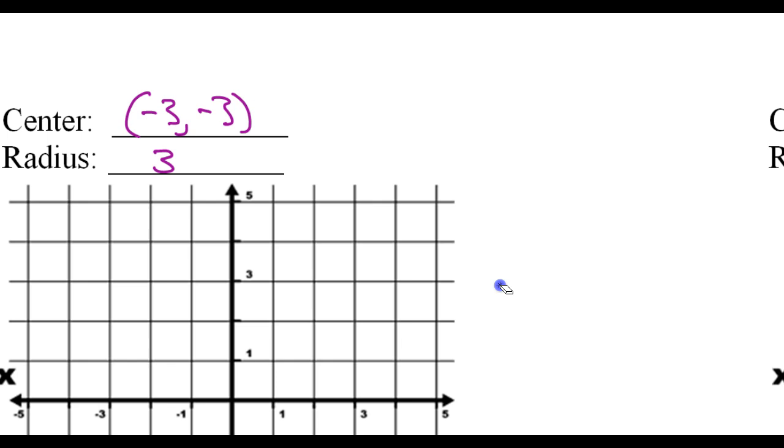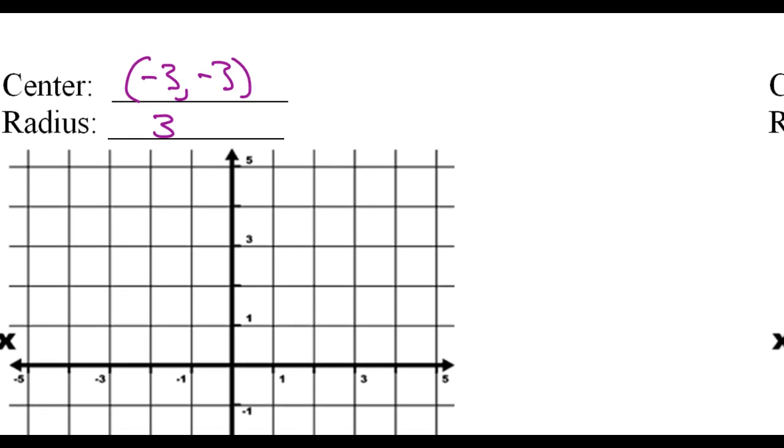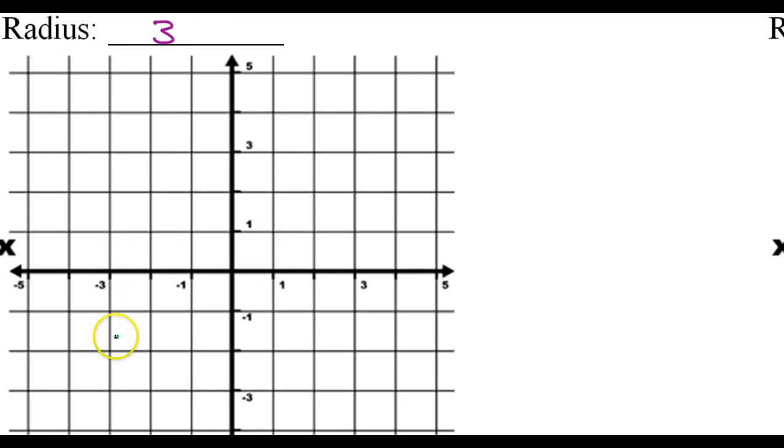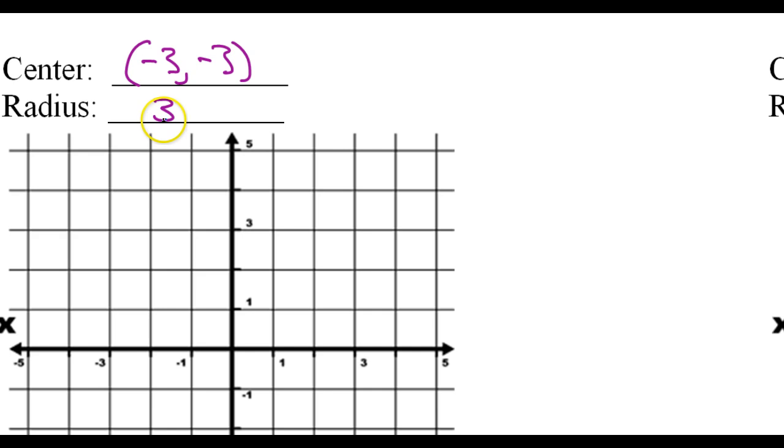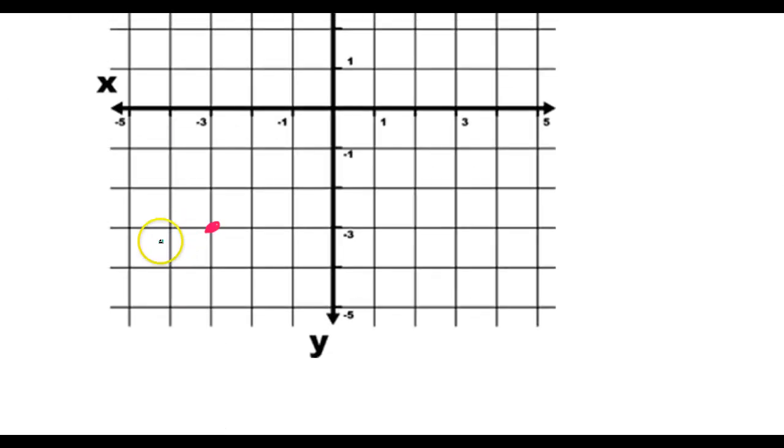Now we will graph it. We have to start by graphing the center point, -3, -3. So that would be right here. Now the radius tells us to go 3 in all directions. So that would be here, and here, and about here, and about here.